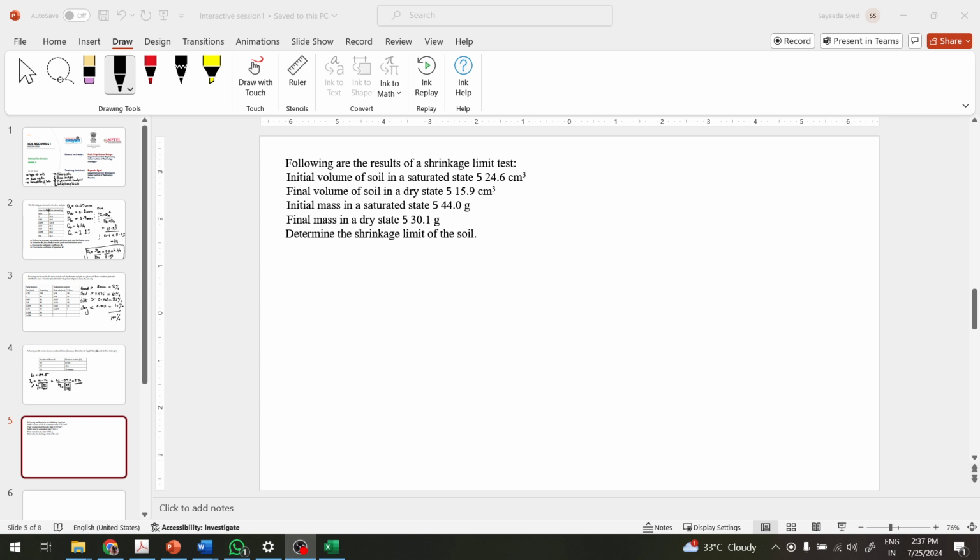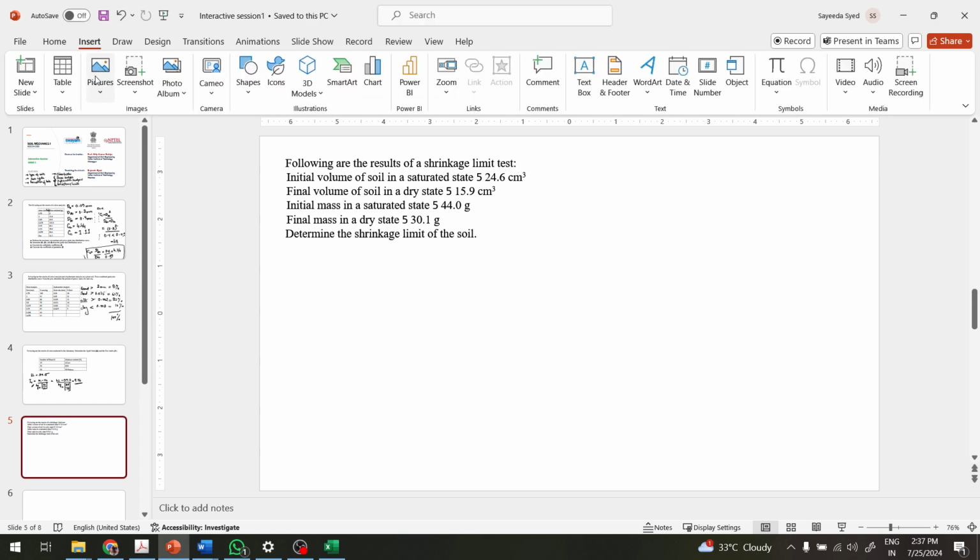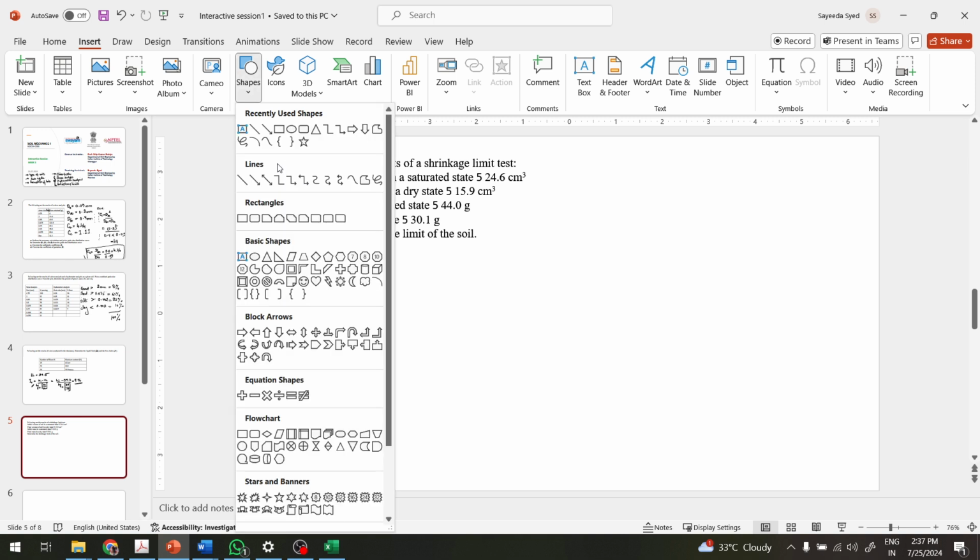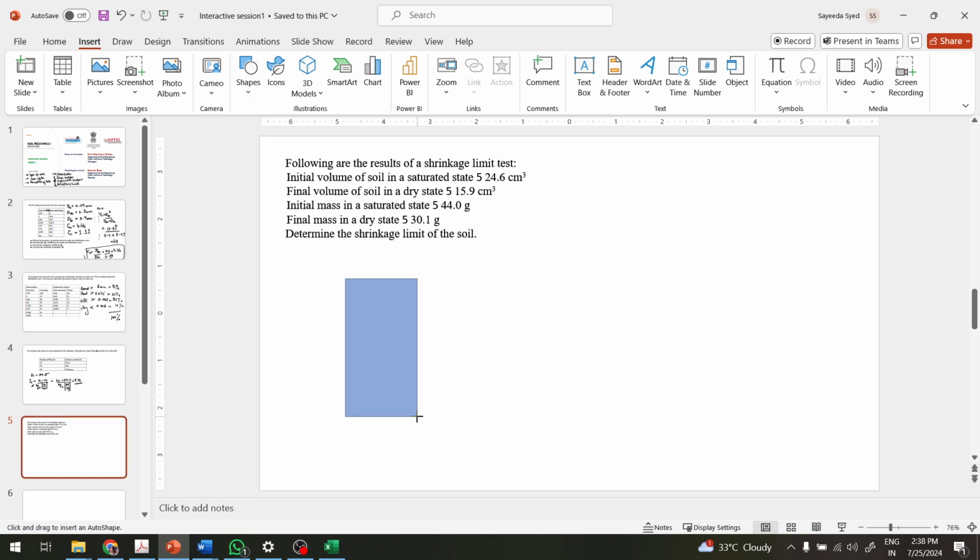What we can do with this question is we can try to draw the phase diagrams. Okay, so let's try to do that. Let's draw the phase diagrams so that you can better understand what's happening.